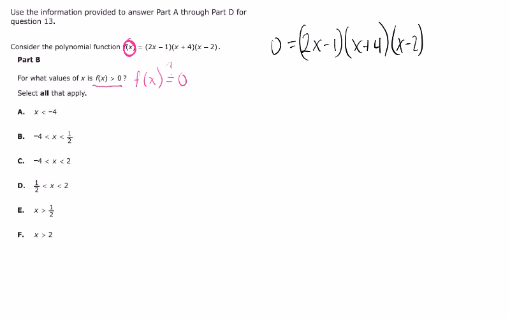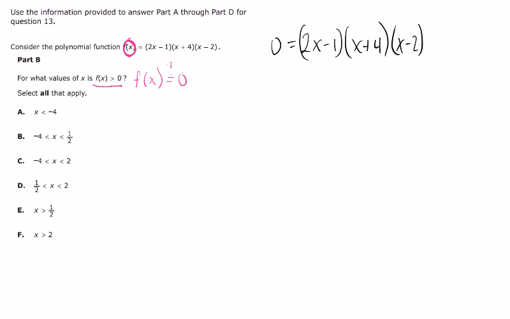And so just like when we factor quadratics, the reason we do that is because for this to equal 0, because we're multiplying this times this times this, the only way to multiply and get 0 is if you multiply by 0. Okay, so that's called the zero product property.